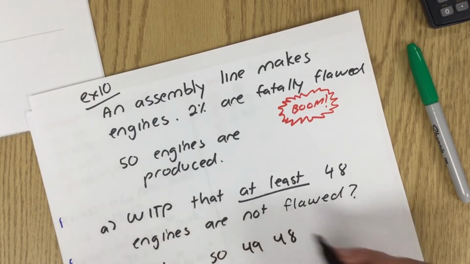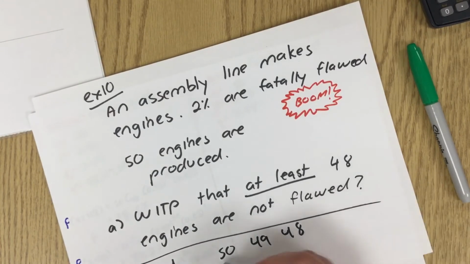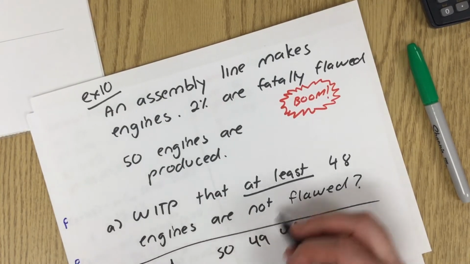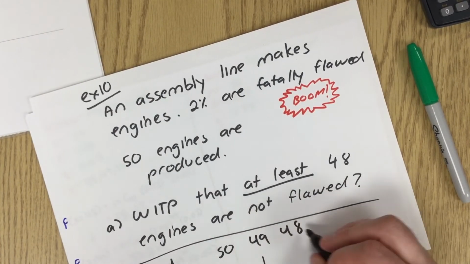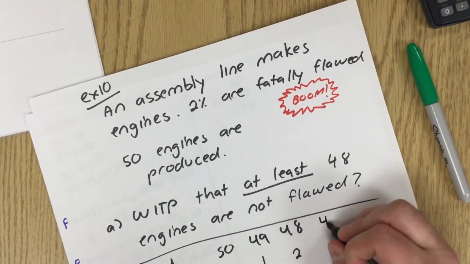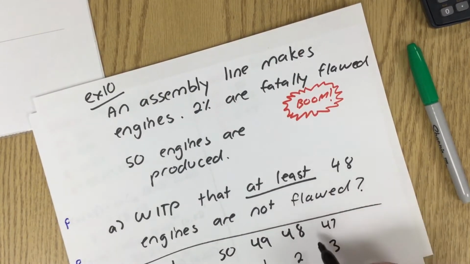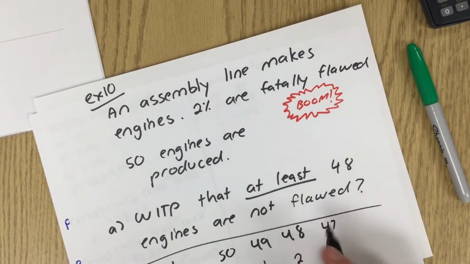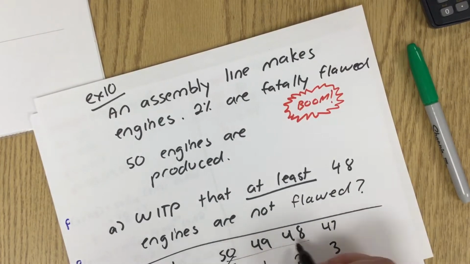And the corresponding flawed ones would be, if you have 50 good ones, you have 0 flawed. 49, 1. 48, 2. 47, 3. But what we want is 48 or more that are good, which means we want 2 or fewer that are bad.